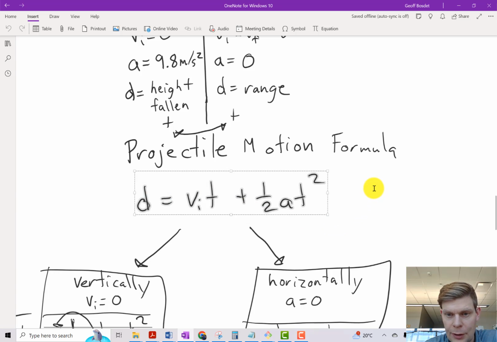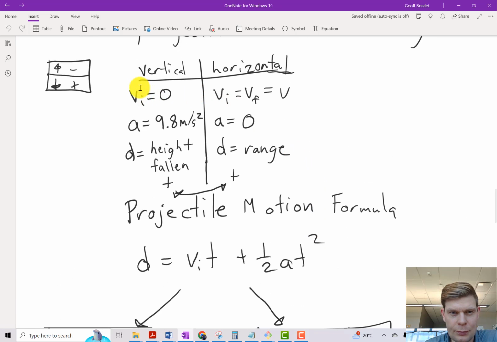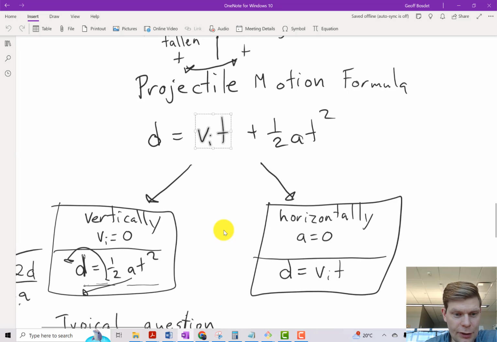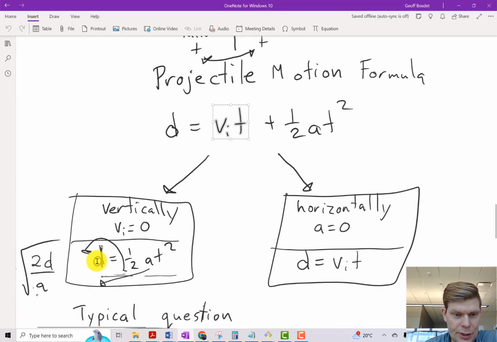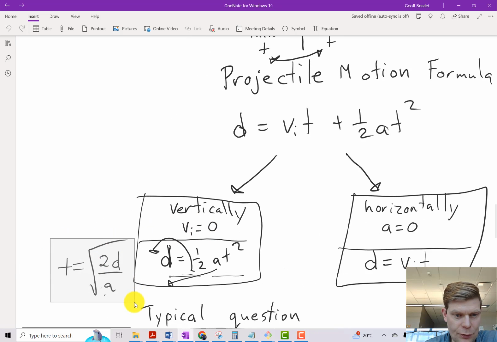You're used to this formula, same thing. But if you notice, in our horizontal projectile motion scenario, we've always got one important 0. So vertically, VI is 0. So this whole term will go to 0. And vertically, your equation looks like this. D equals 1/2 AT squared, since VI is 0, which can be rearranged into this version.